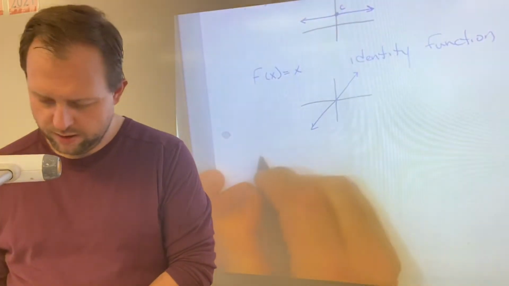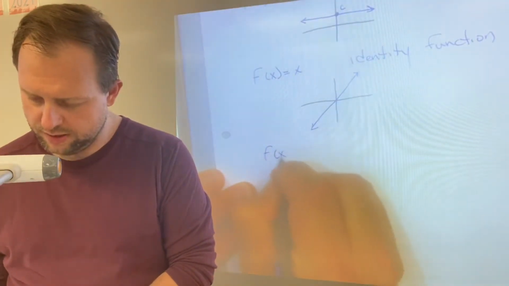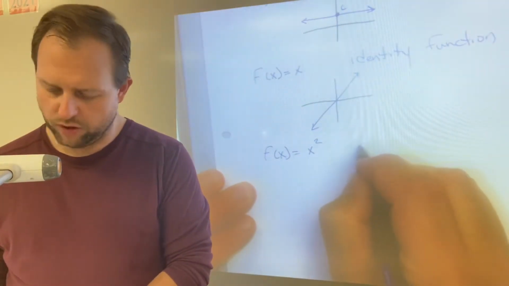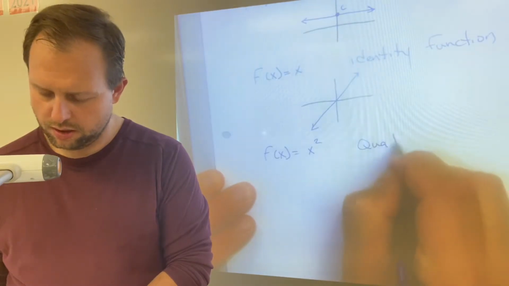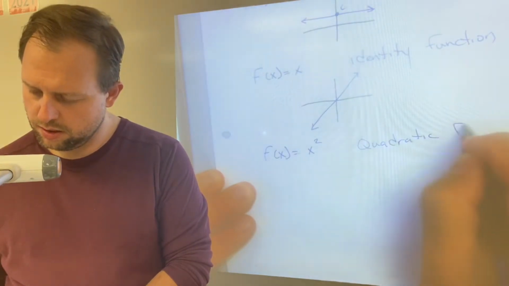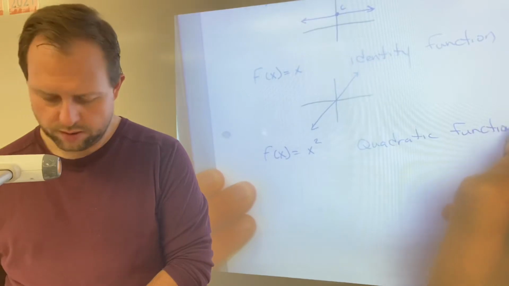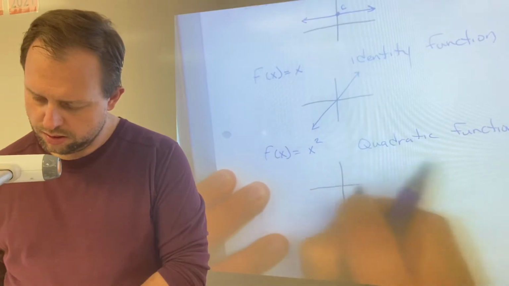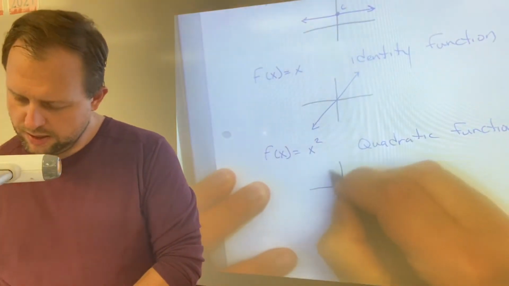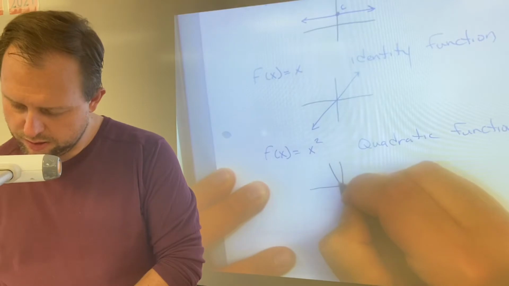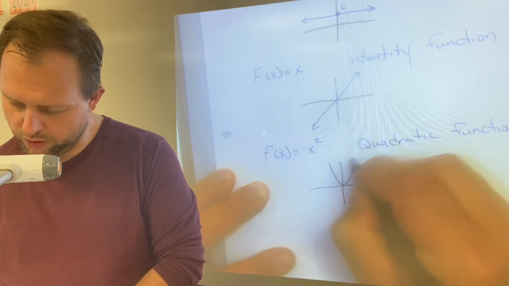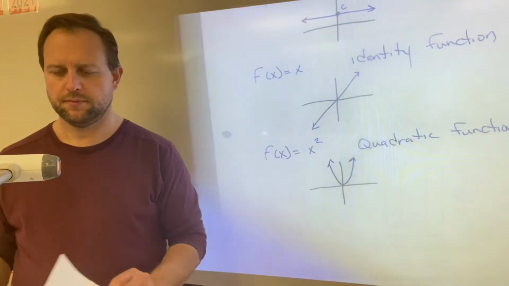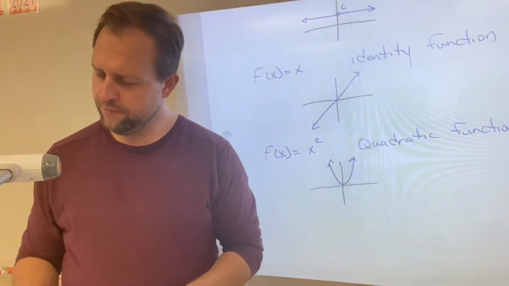The next one is f of x equals x squared, and you recognize that, of course, as a quadratic function. Where we have our axes and our quadratic going through the origin, opening up in its most simple form. Okay?